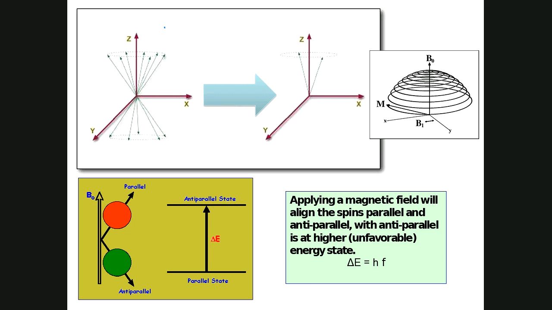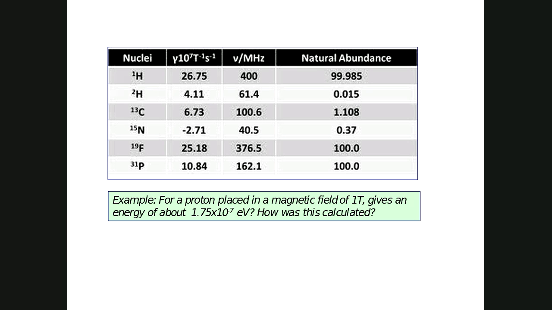So initially, as you can see, you have a lot up, okay, and a few down. The net magnetization is these guys, and these are precisely like this. Once I apply an RF, then I have a flip to the anti-parallel, okay.